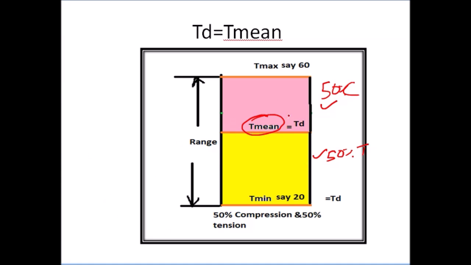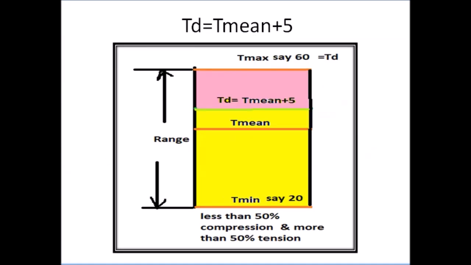So this case is better compared to the previous condition. But what kind of condition do we want? This is safer, but both are 50-50. As the tensile strength of rail is more compared to compressive strength, we can still increase the tensile stress. So if you see this condition, TD is equal to T mean plus phi.